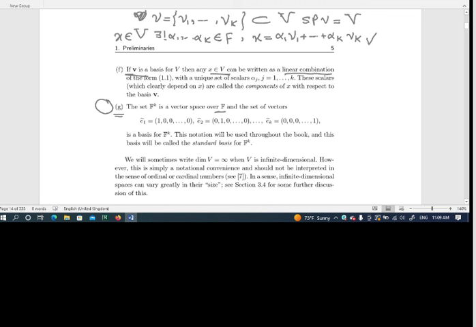This is a basis for Fk. This special basis is called the standard basis. There are infinitely many bases for Fk, but this one is the standard basis.